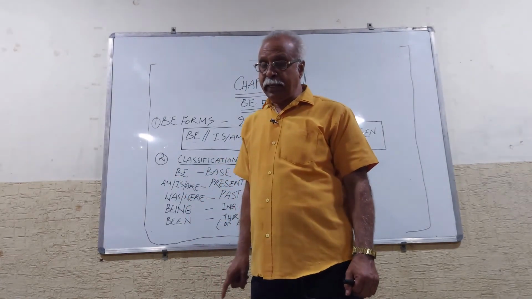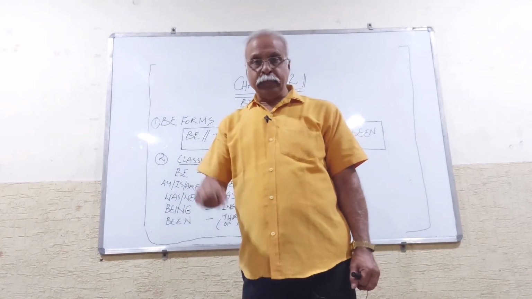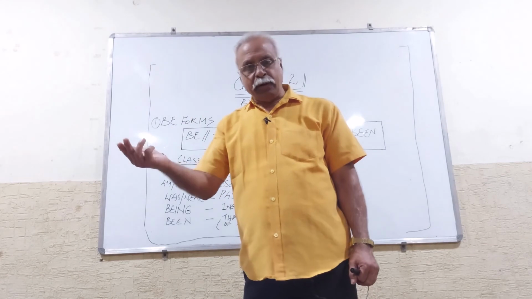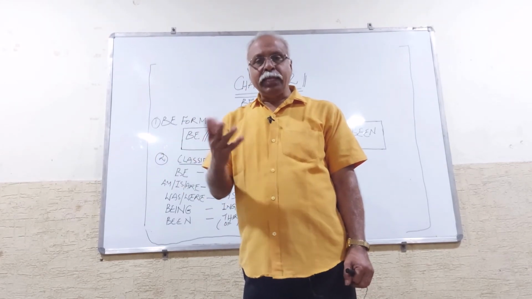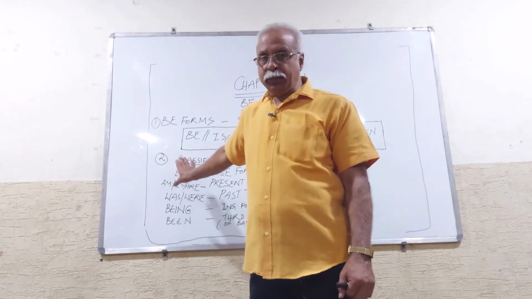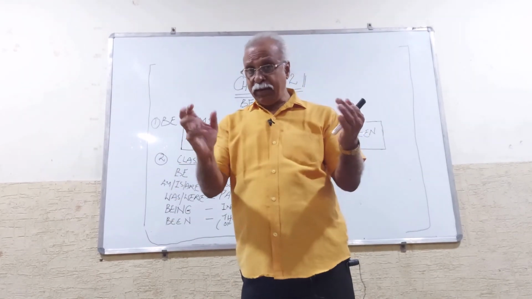The last one, been, is the third form of the verb, like go, went, gone. Been is also. Okay, with this in mind, a lot of English you can learn.